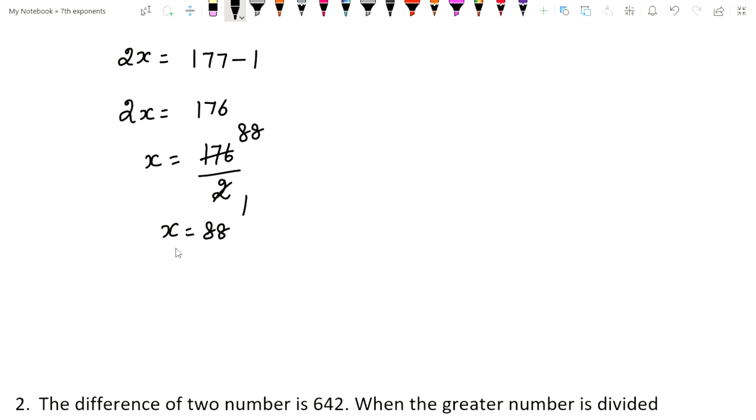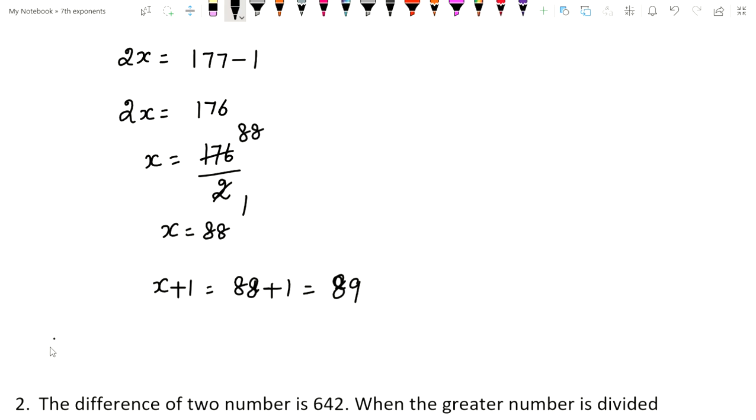Next we are going to find the x plus 1 value, because the two consecutive numbers are x and x plus 1. Now we found the x value. Next we need to find out x plus 1 value. So x plus 1 equal to 88 plus 1. What you are getting? 89.